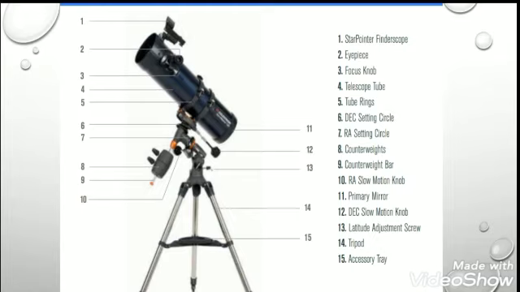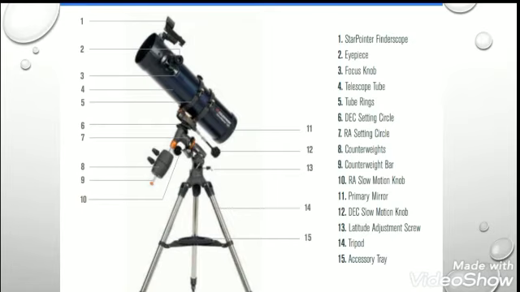Point 9 is the counterweight bar, on which the counterweight hangs, and then the slow motion knob, the primary mirror, the latitude adjustment screw, then the tripod stand. In this telescope, the tripod stand is steel and very heavy duty, and the accessory tray is also attached to it.